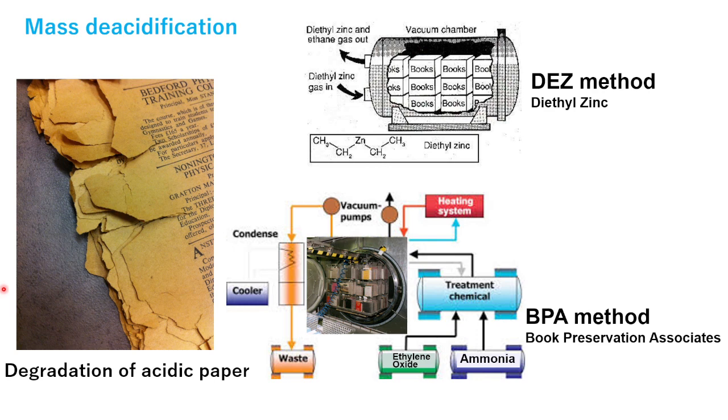In Japan, a dry ammonia ethylene oxide method called EAE, which improves this BPA method, has been developed and used since 1999. This is the same method and principle as BPA, but it is improved so that the reaction occurs more efficiently when the chamber is vacuum treated and then reacted with ethylene oxide gas using ammonia gas instead of ammonia solution.